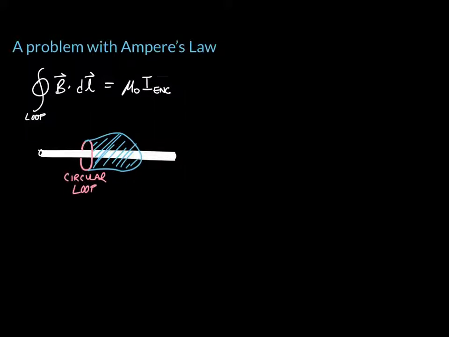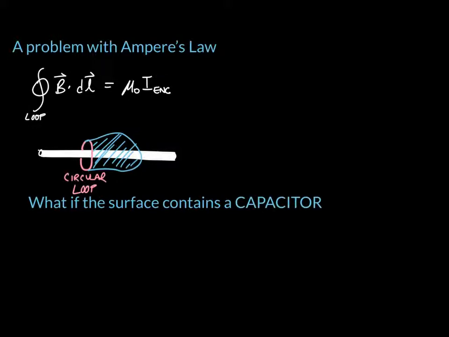It makes it geometrically harder, but it's just geometry. Okay? So that's great. We know that now, but what if I'm dealing with a capacitor? What if the surface contains a capacitor?